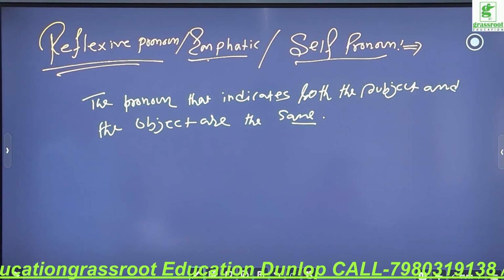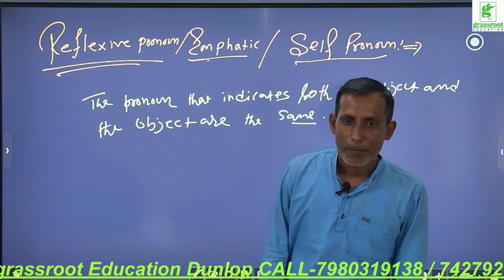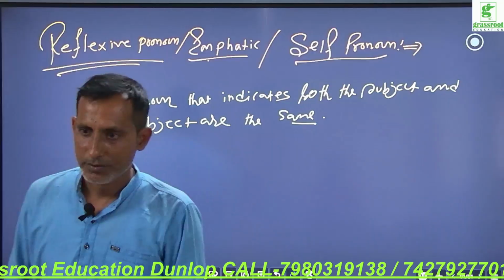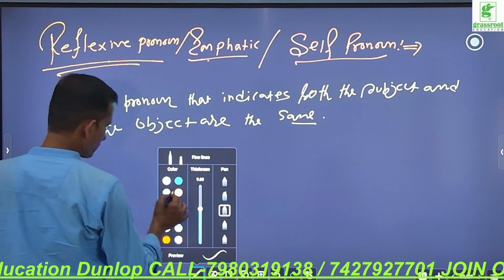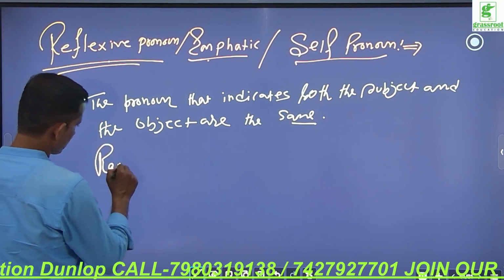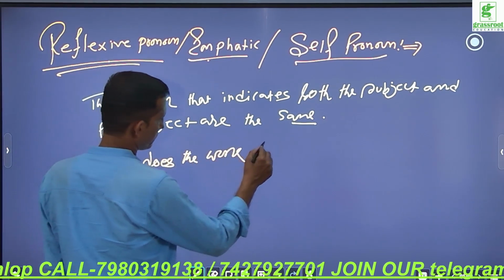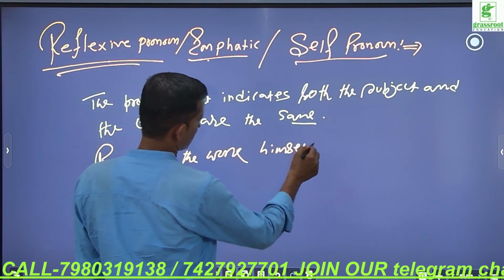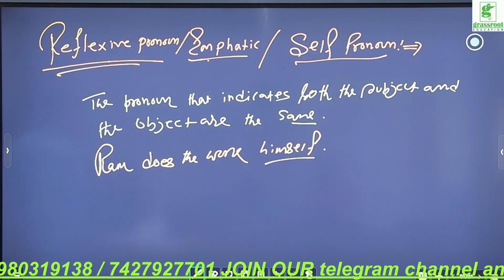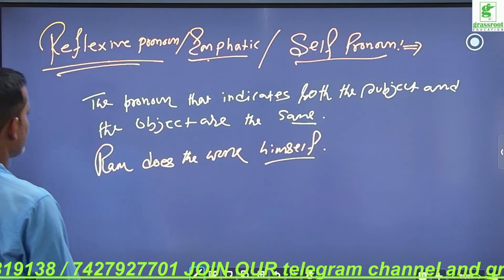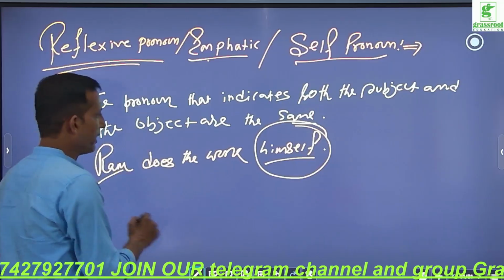The pronoun that indicates both the subject and the object are the same. Suppose Ram does the work himself. Here, himself denotes Ram, and him and Ram are the same.